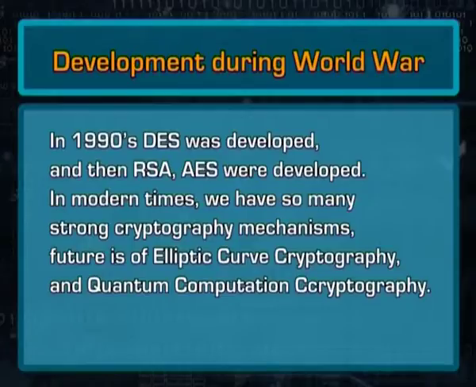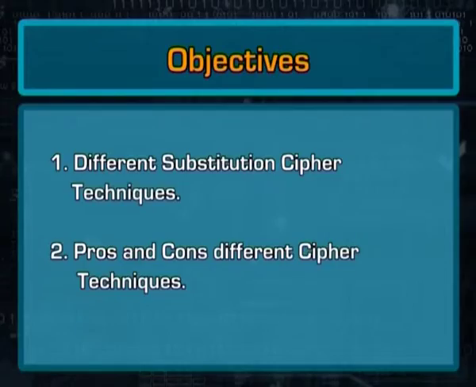In modern times, we have many strong cryptography mechanisms. The future is of elliptic curve cryptography and quantum cryptography. So, the main objective of this lecture is to discuss the substitution cipher techniques with their pros and cons.